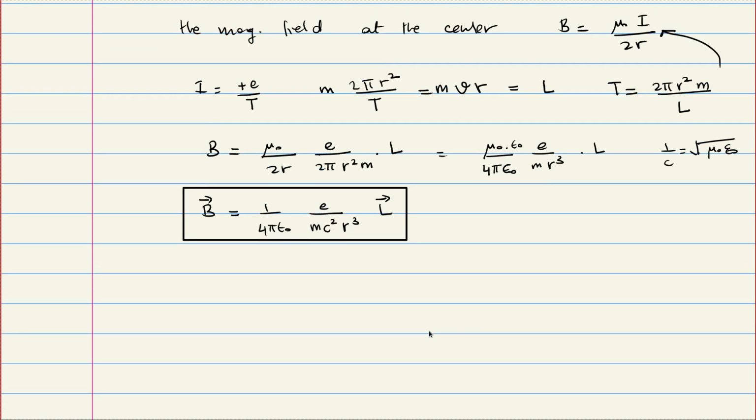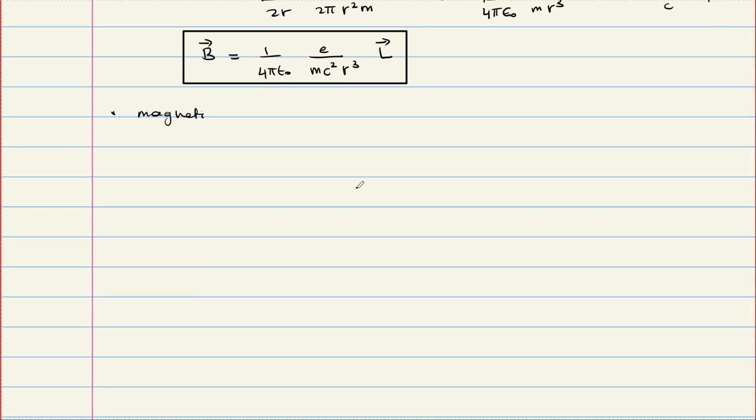Now we need to introduce the magnetic moment of the electron. I think we previously talked about it, but let's remember how to derive it. This is the magnetic dipole moment of the electron.